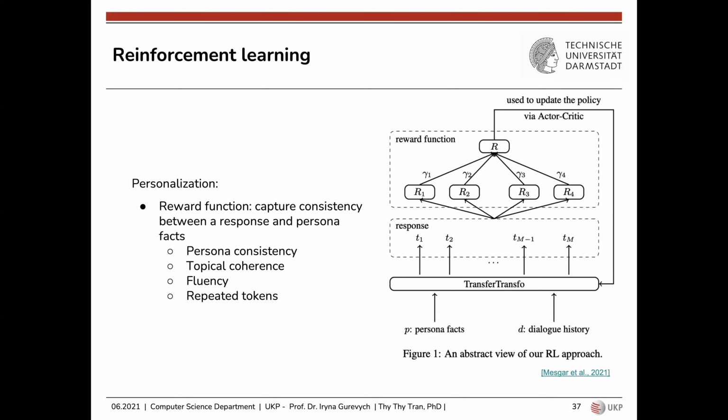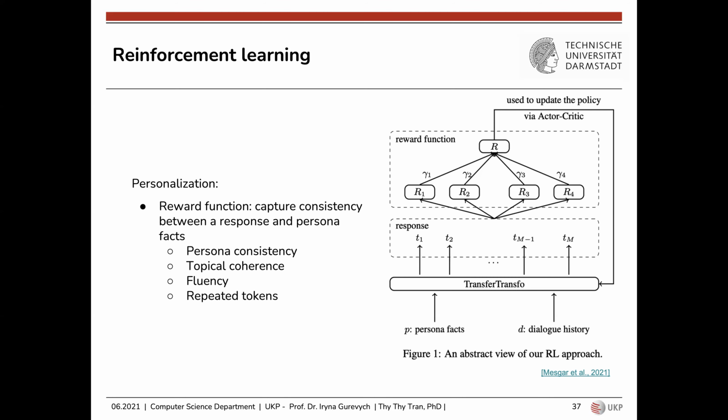Here is an example of using reinforcement learning for personalized response generation. The authors define 4 different reward signals that encourage the consistency between a response and the personal profile. The 4 rewards include personal consistency, which expects the generated response can be entailed by the personal facts.